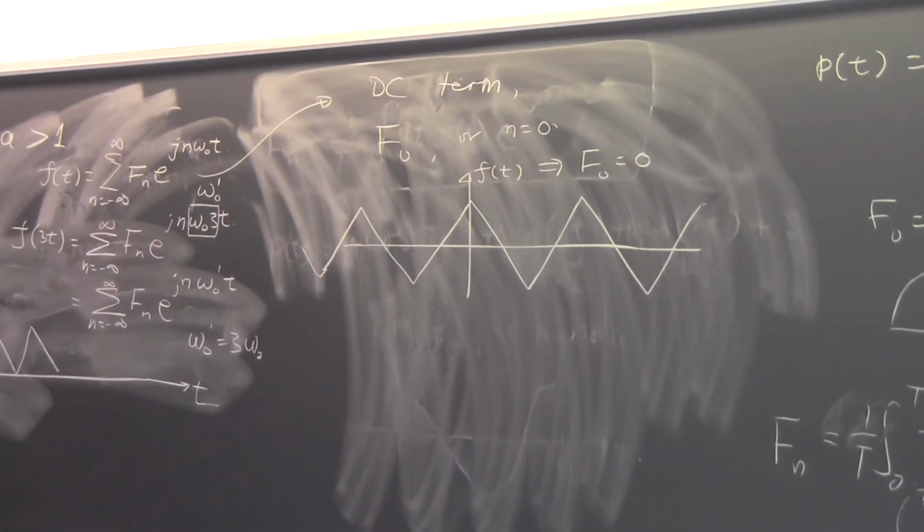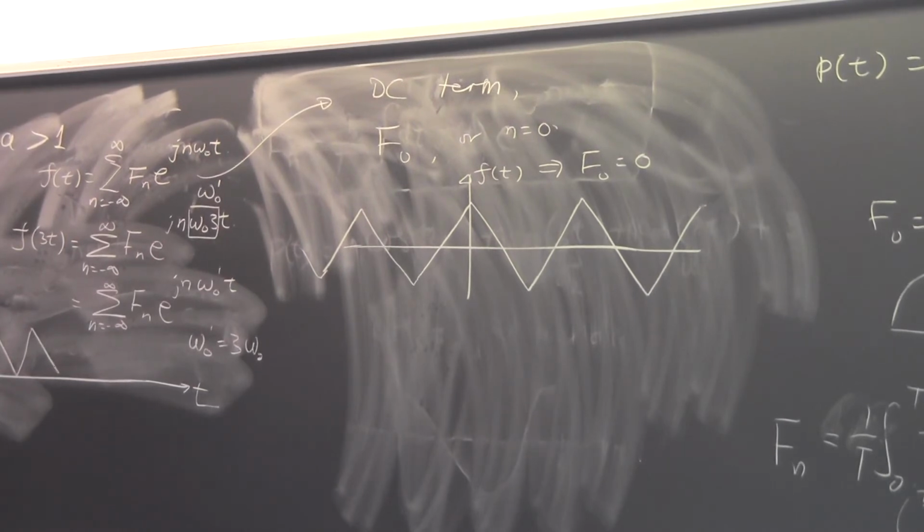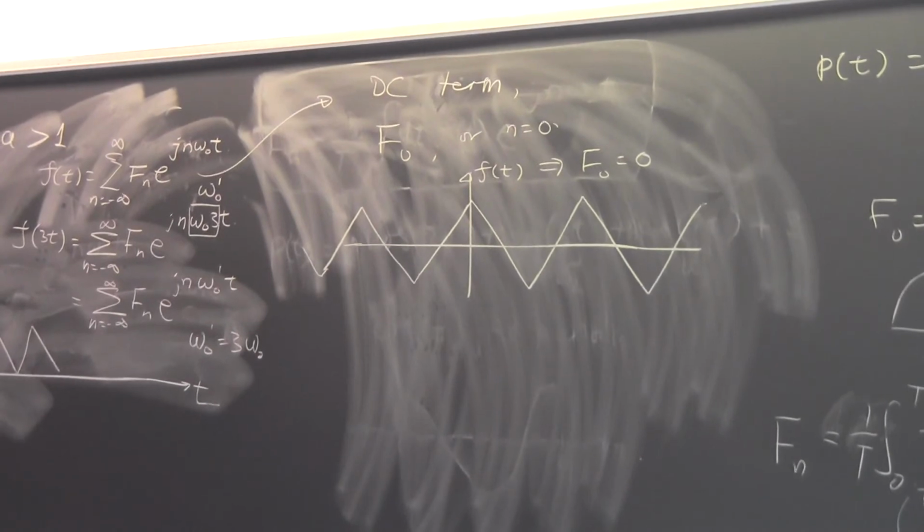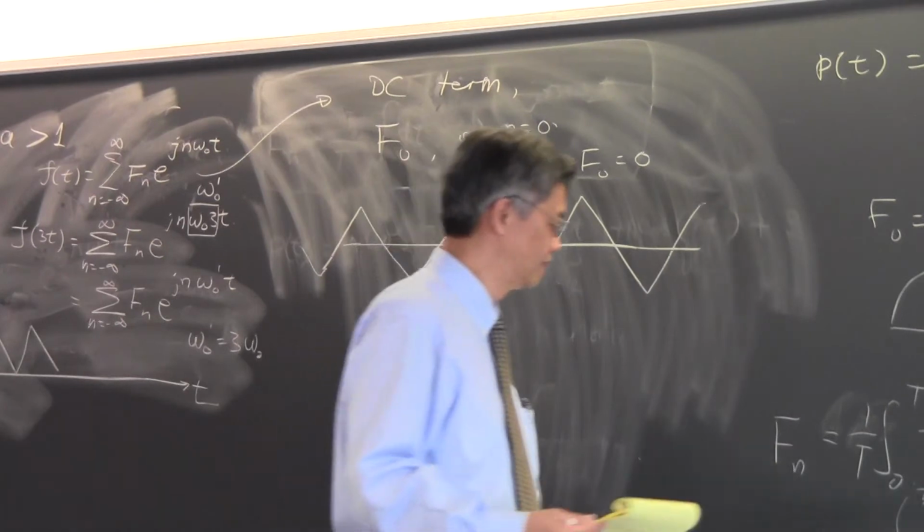The next thing I have to teach you is that if you have a time harmonic input to a linear time invariant system, what should be the output? That actually is very simple. Okay, very simple.